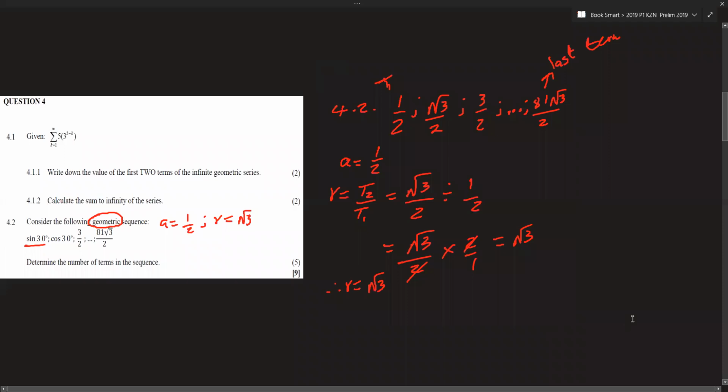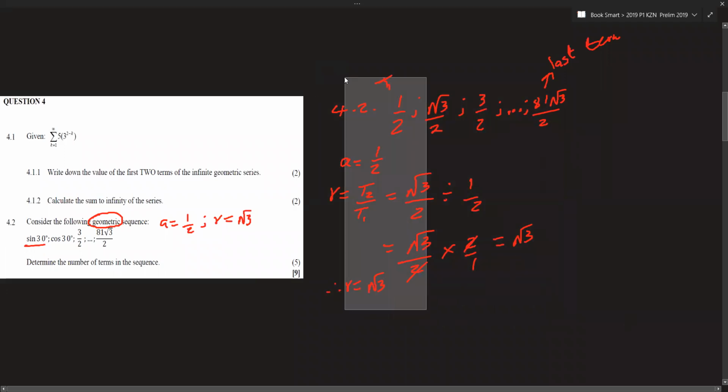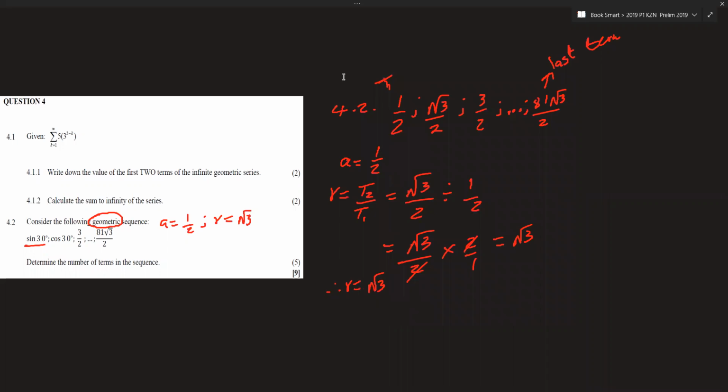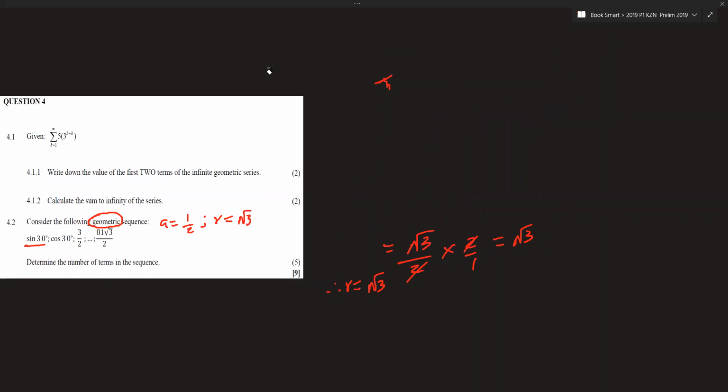Okay, eraser. Let's just erase quickly like this. So I have the value of my first term, my last term and my R. Awesome. So now we can proceed.